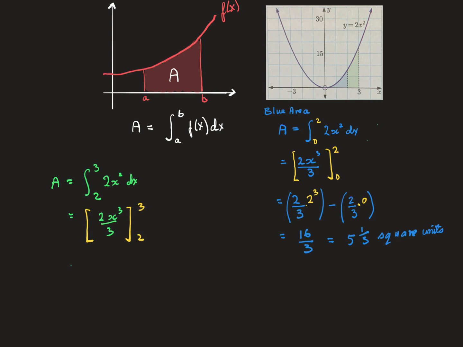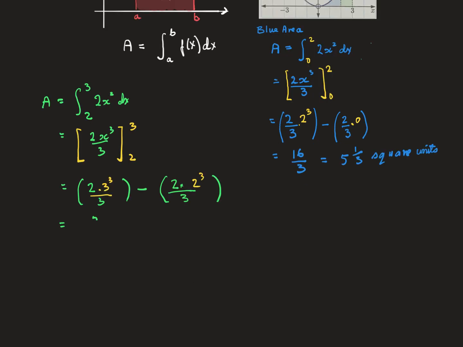So we will need to substitute first of all 3 into here and take away the 2 substituted. That becomes 2 times 3 to the power of 3 over 3, and on this side we'll have 2 times 2 to the power of 3 over 3.